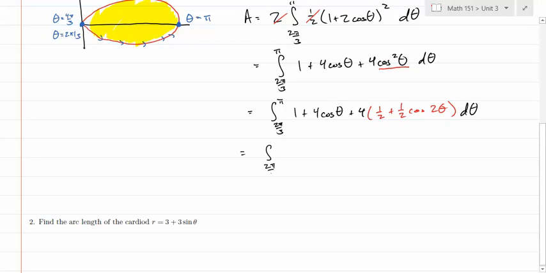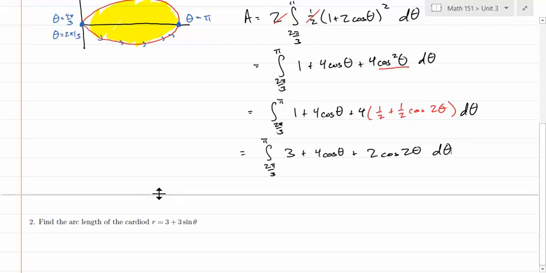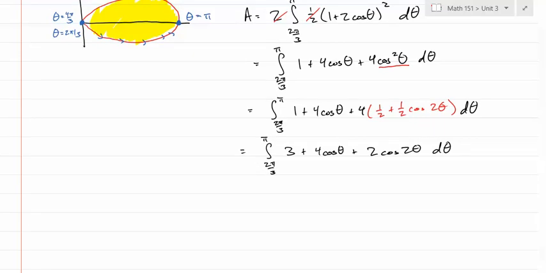We do have to distribute that 4. 4 times a half is 2, plus 1 is 3. So you get a 3, you get a 4 cosine theta, and then 4 times a half, this would be 2 cosine of 2 theta. Now we have it to a point where we can integrate.